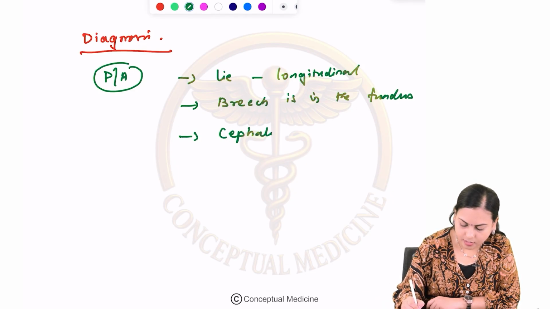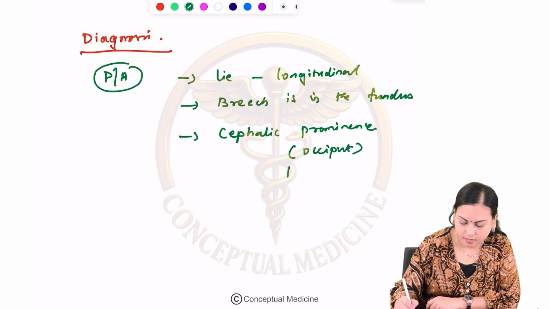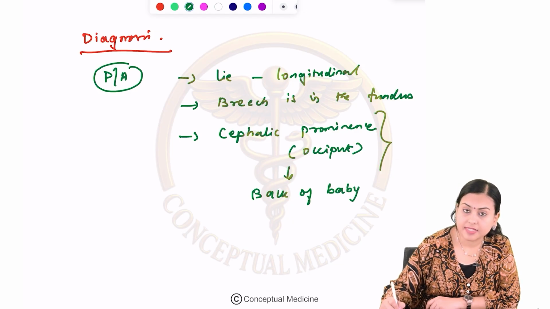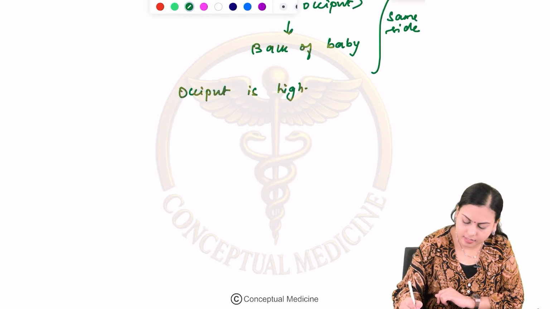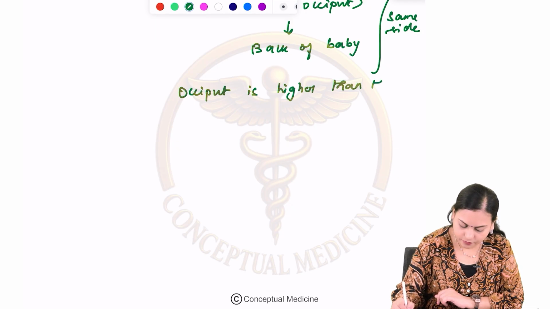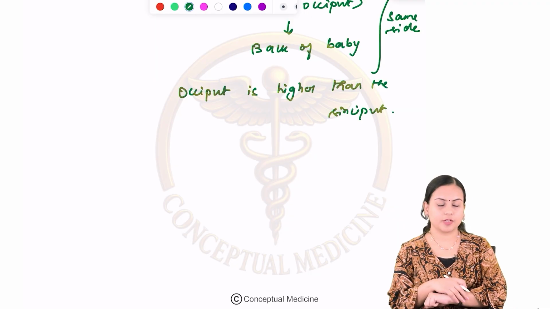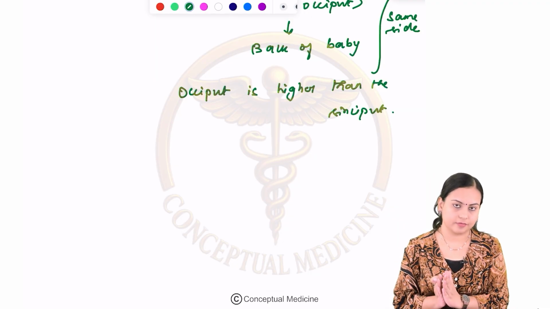So, the cephalic prominence, that is nothing but the occiput, and the back of the baby are on the same side, and here the occiput is higher than the sinciput, but it is not as high as in face presentation, because there is going to be a state of incomplete extension only, right.